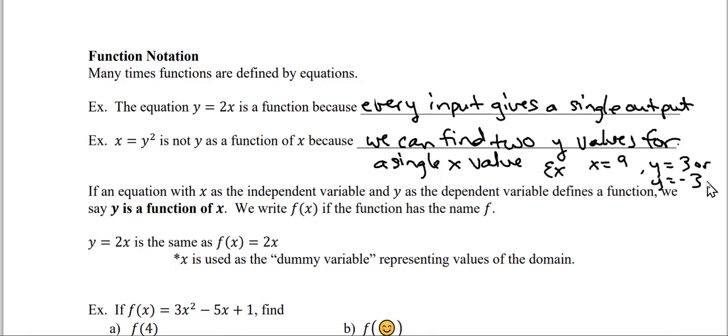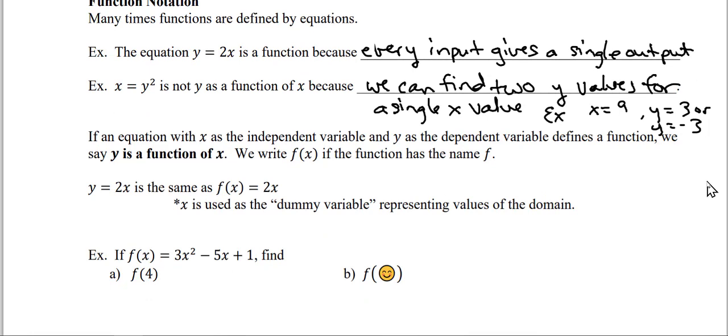Because you have one x value going to two y values, this is not a function. I had a student tell me once that he remembered it by saying you can have multiple dogs in the same doghouse, but you can't have one dog in multiple doghouses. If that helps you, go for it.